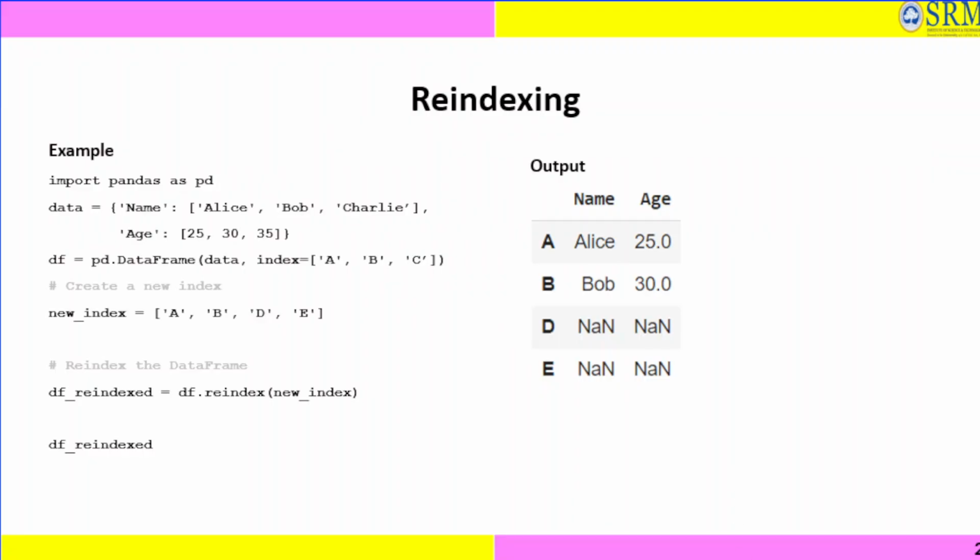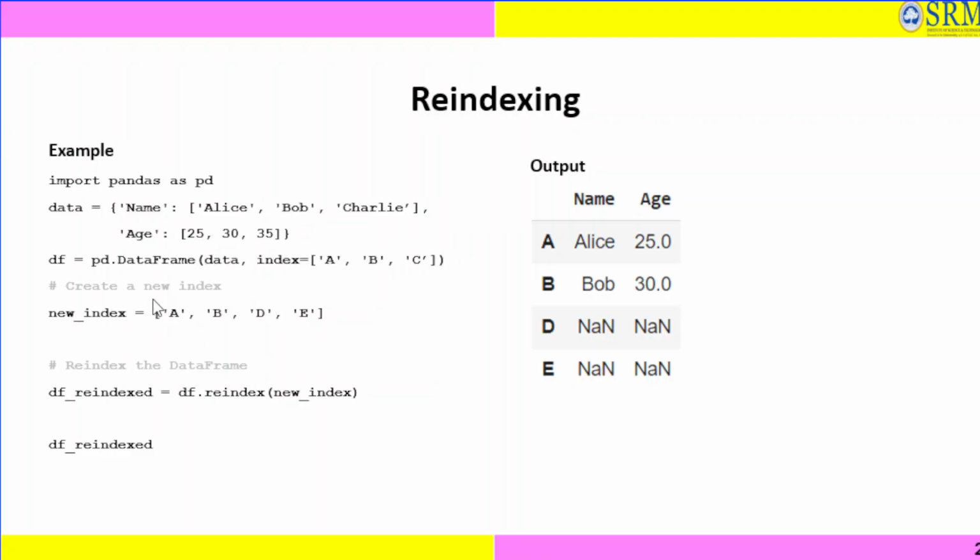In order to use reindexing, first, as we said, create a data frame with the index ABC. Now we are going to create a new index, that is, reindex it. The new index is ABDE. Whatever data we have, it is going to compare. Alice, Bob and Charlie was the data in the earlier data frame, and the ages were 25, 30, 35.